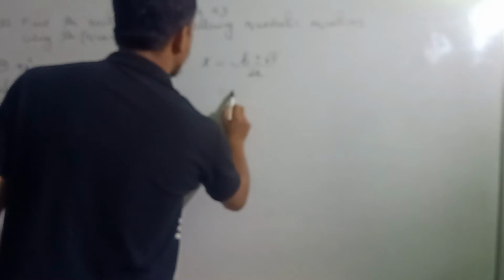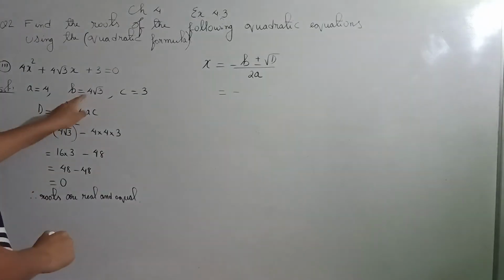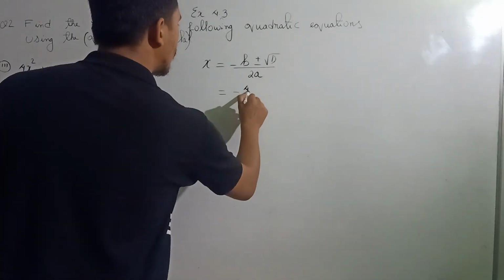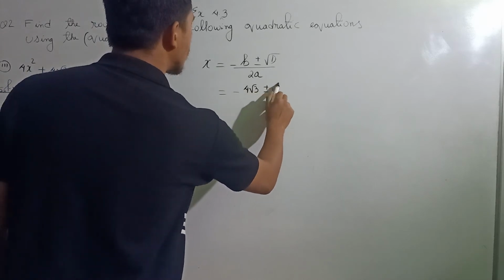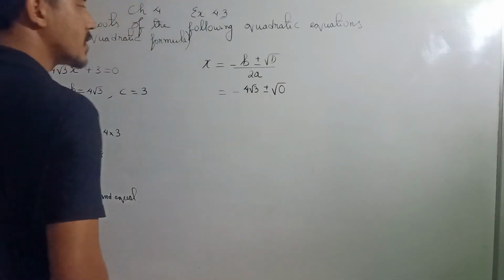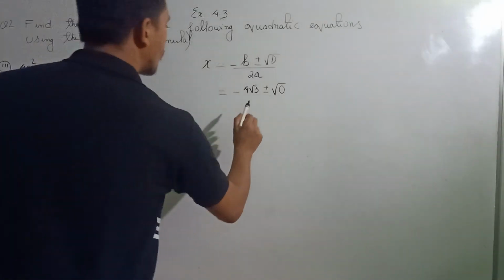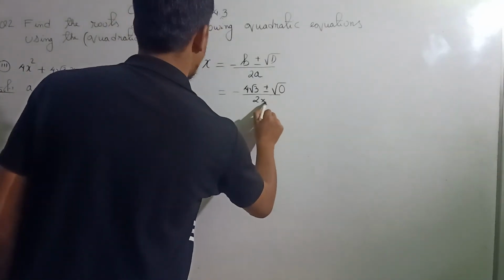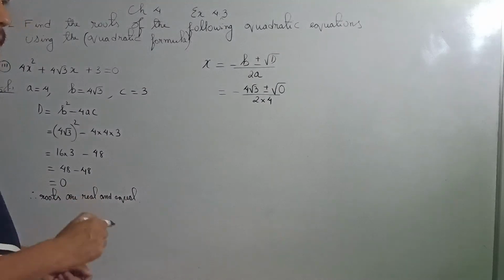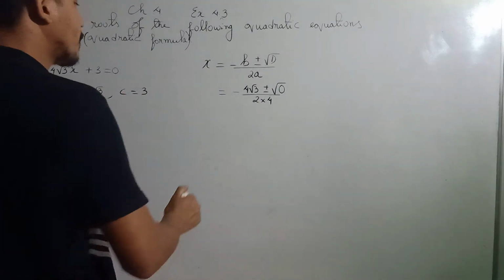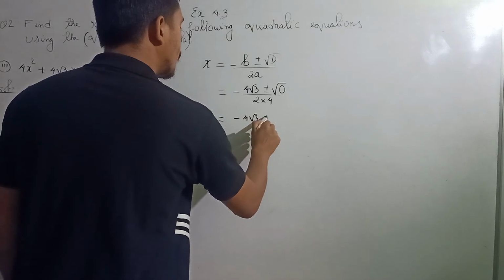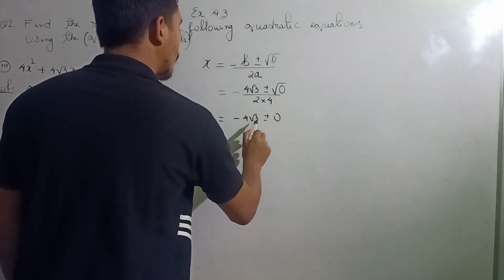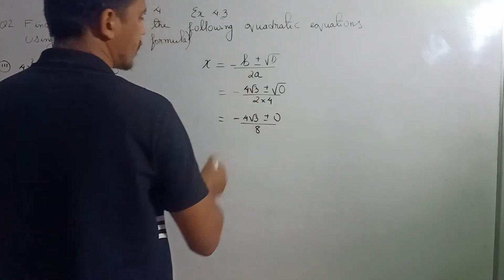Minus b, your b is 4 square root of 3, plus minus square root of D. D is your 0, so square root of 0 upon 2 into a, a is 4. Square root of 0 is always 0. So minus 4 square root of 3, we have plus minus 0 upon 8.